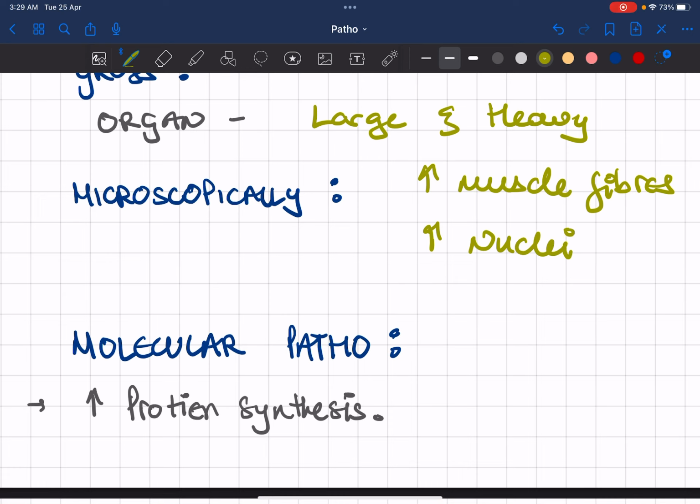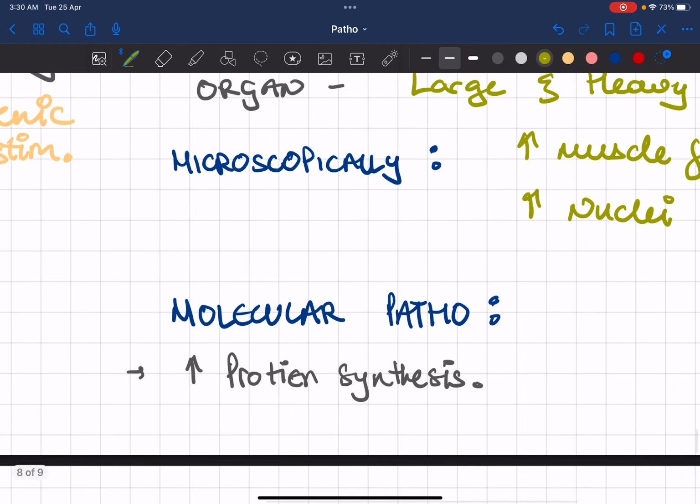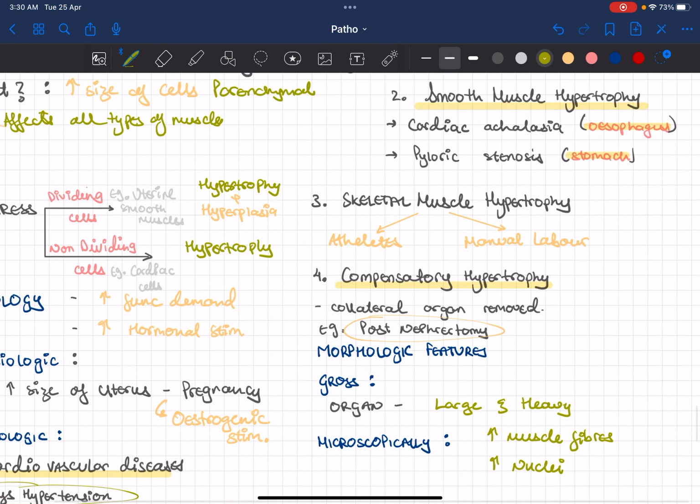There would also be increased mitochondria, increased myofilaments, increased endoplasmic reticulum, due to which the cells and the muscle fibers increased in size. And last but not least, we come to the molecular pathology. Again, it is just the opposite of atrophy. There is increased protein synthesis in the case of hypertrophy. So, yeah, this is hypertrophy.